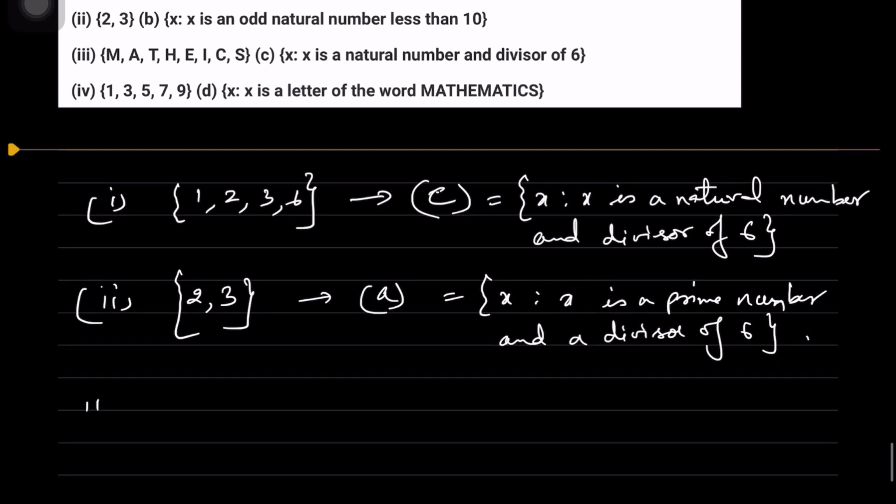Now third one, in this what's given, mathematics, M A T H E M A T I C S. Now we can see that it is a letter of the word mathematics. It's very obvious.